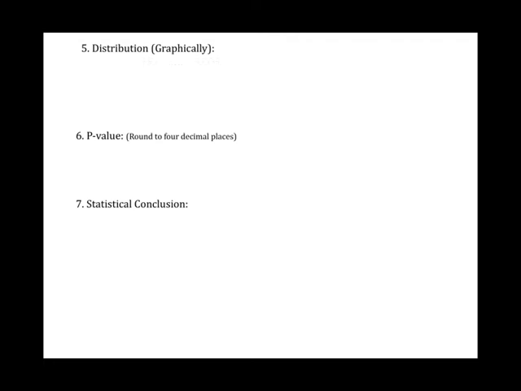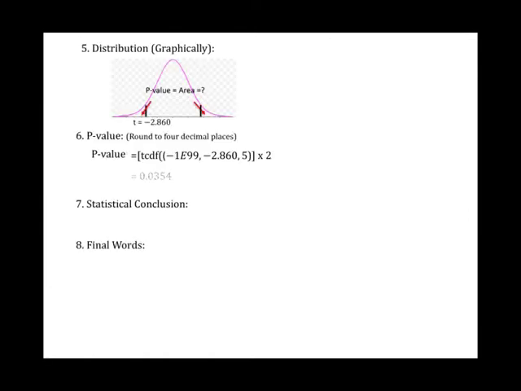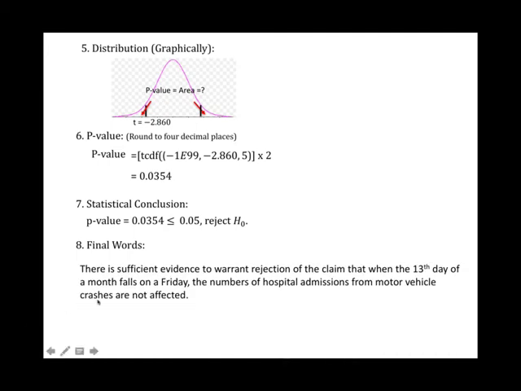So look at it here, final conclusion. My original claim goes to the null hypothesis, so either number 1 or number 2 conclusion. And then we have reject, so that will be the number 1 conclusion. There is sufficient evidence to warrant rejection of the claim.